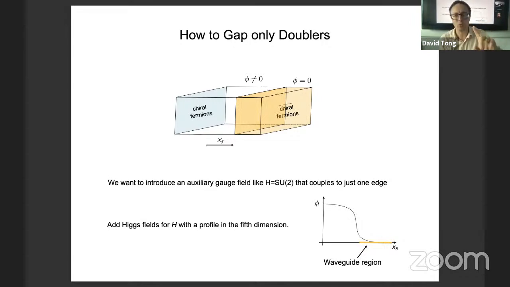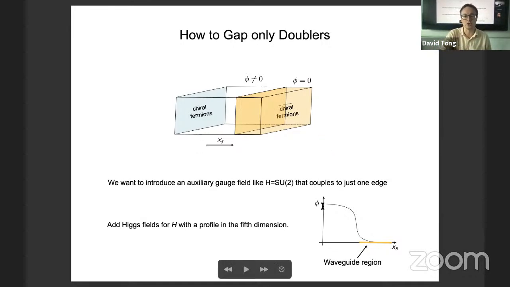And what I'm going to do here actually is first figure out how this works in the continuum. And then we'll see how it translates onto the lattice. I think that was a useful way to understand how symmetric mass generation works, so hopefully it might be a useful way to figure out what's going on here. So in the continuum perspective, we just turn on a Higgs field.